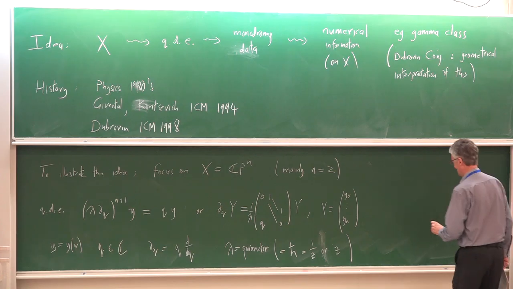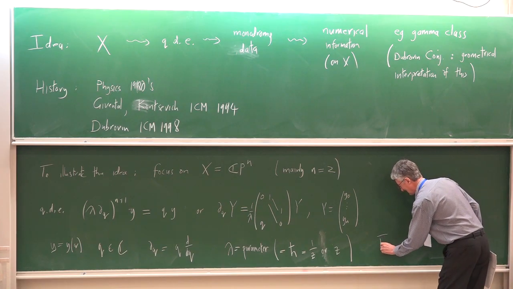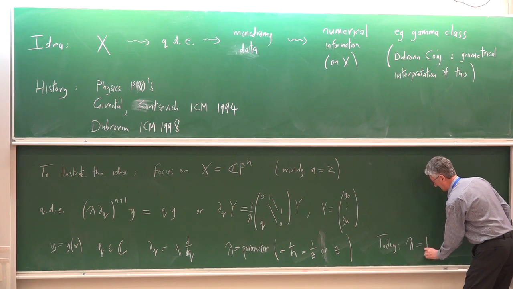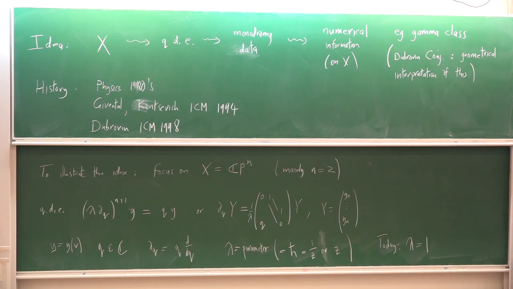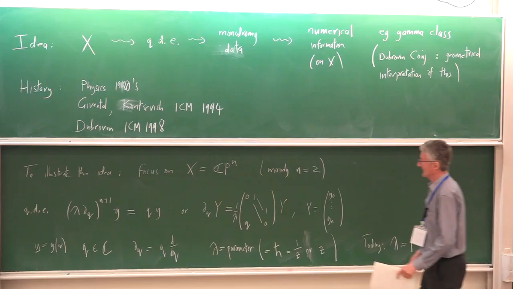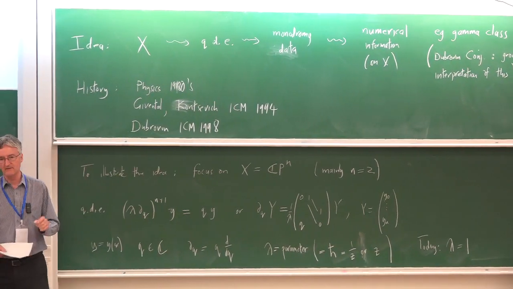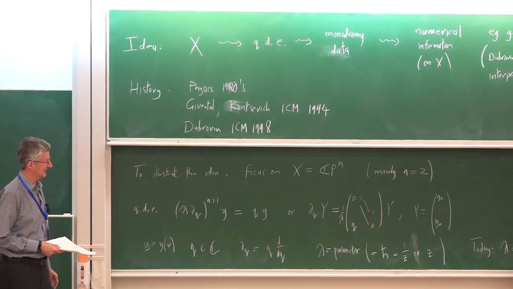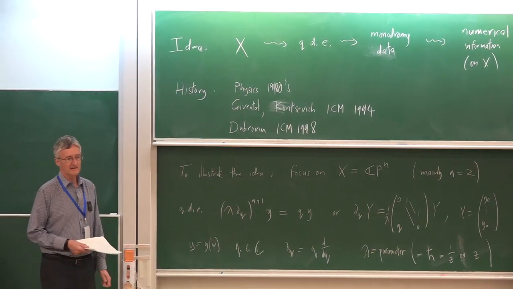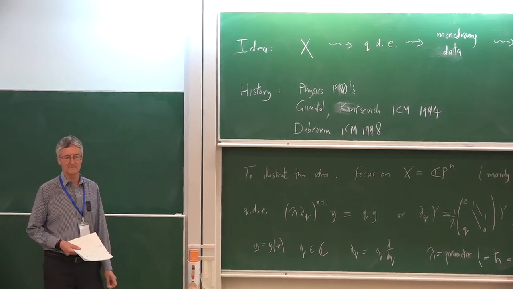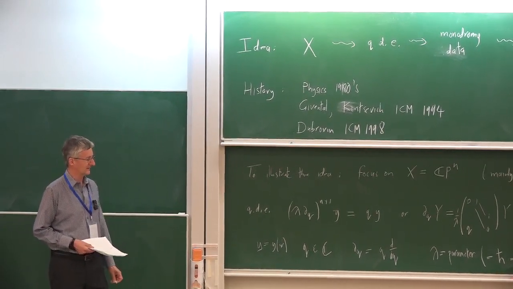So in this lecture, lambda will not play much role. Usually lambda is important for me, but it will be 1, so it doesn't matter what we call it. Okay, so it's a linear equation, so there's a vector space of solutions, multi-valued solutions, and they all extend.